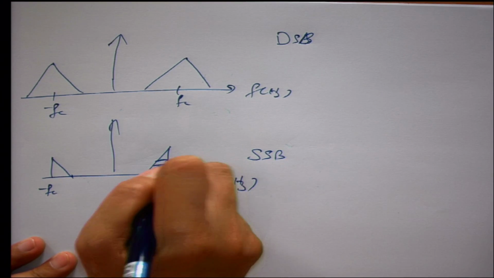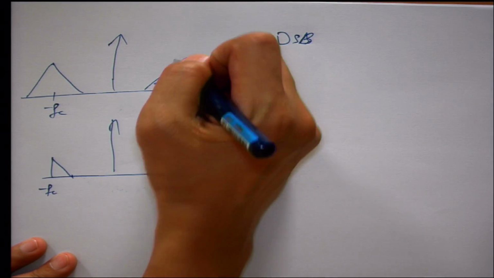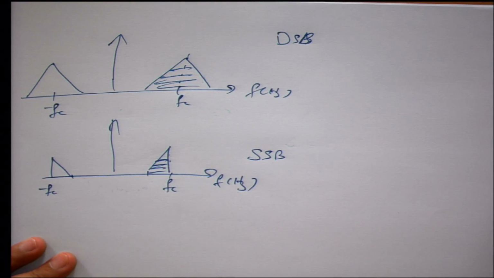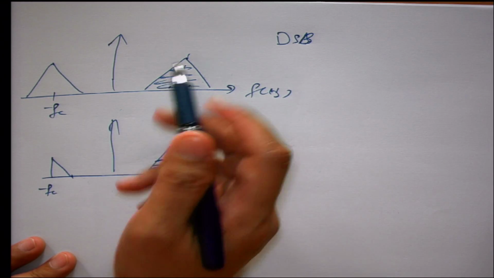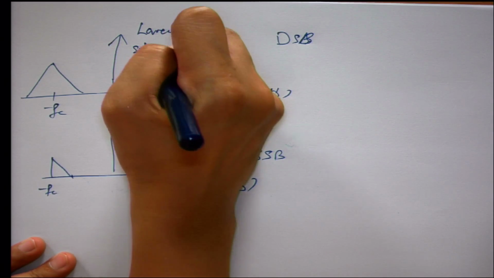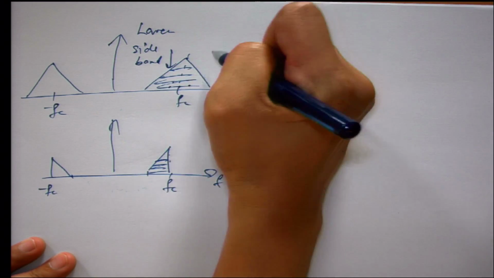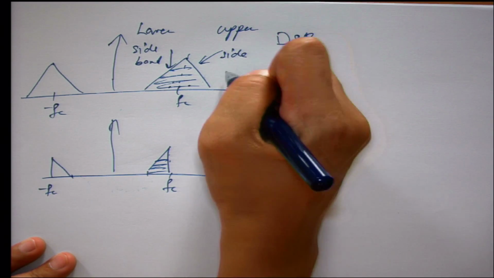So instead of using the whole big triangle, we send only half of it, because of the left-hand side and the right-hand side: this is the lower sideband, and this is the upper sideband.